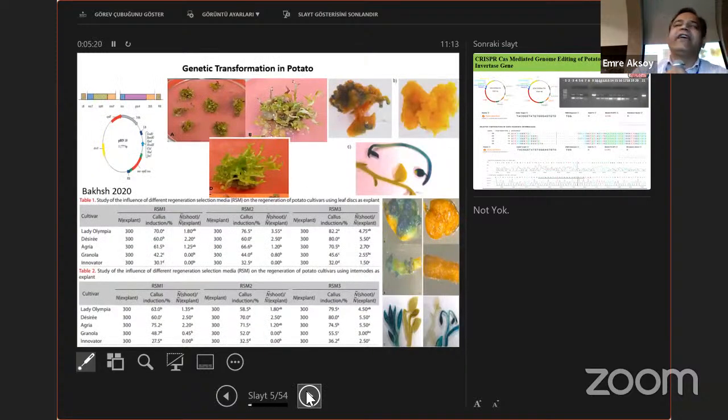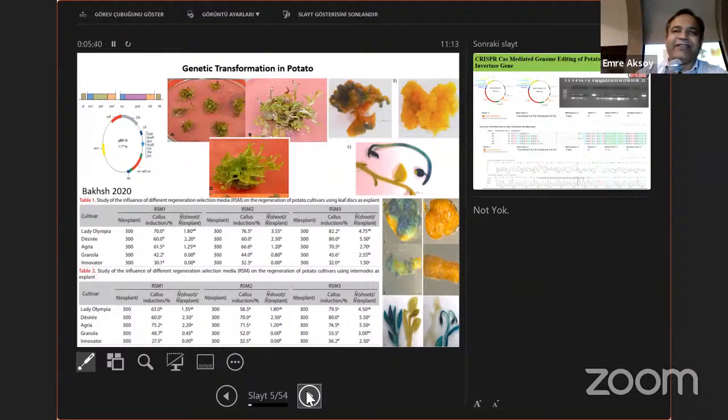Because we were working on potato, we developed a transformation system. Like in the lecture before me, Dr. Sadia was talking about wheat, one of the monocots. When we talk about wheat and potato transformation, potato is definitely a little bit friendlier compared to wheat.